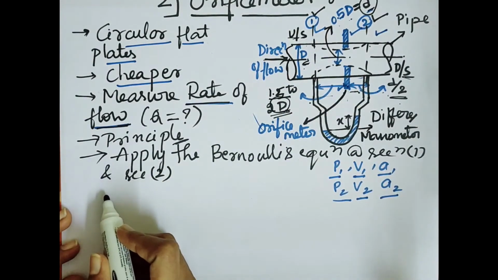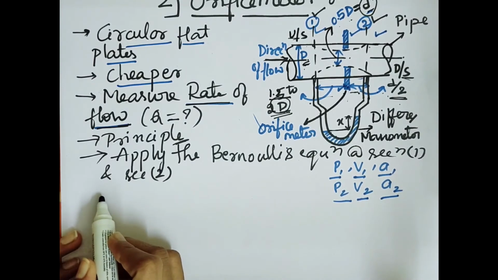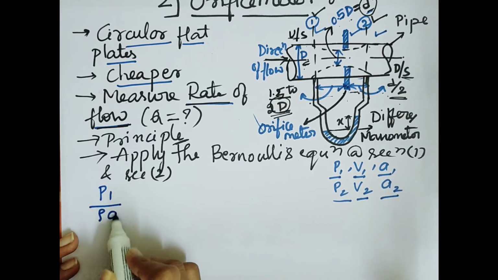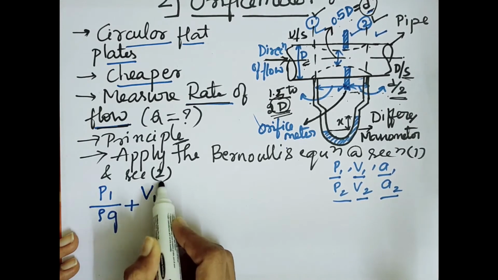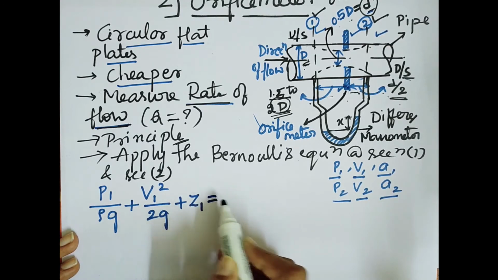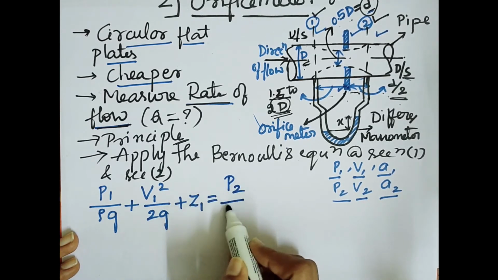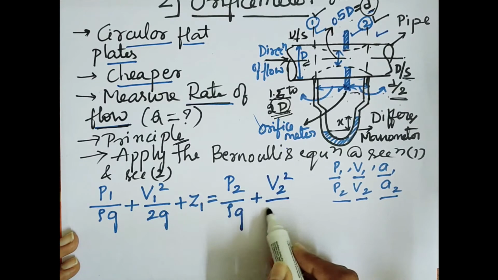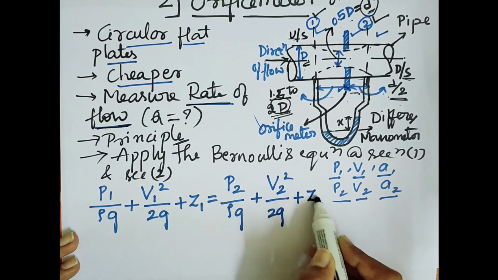We know the general Bernoulli's equation is P1 by rho g plus V1 square by 2g plus Z1 is equal to P2 by rho g plus V2 square by 2g plus Z2.